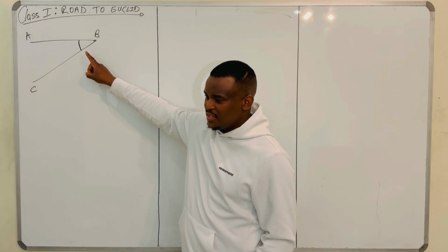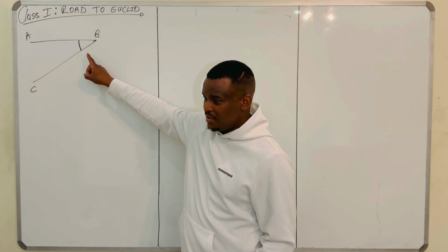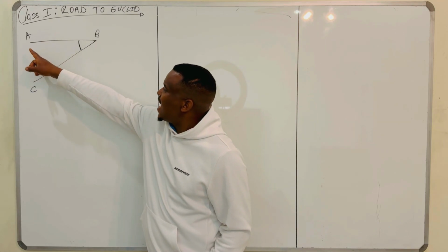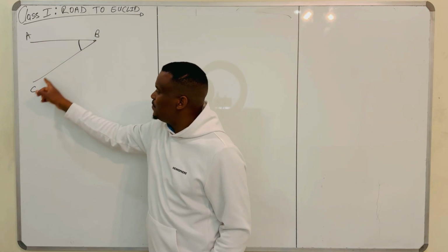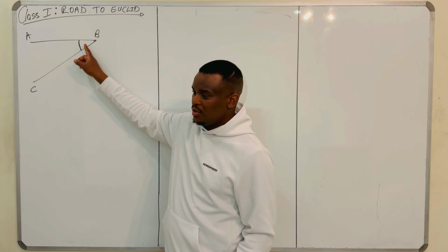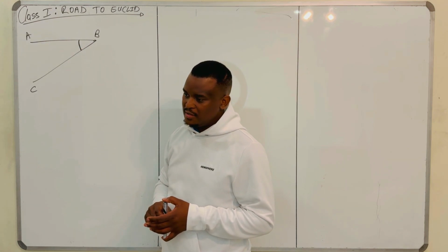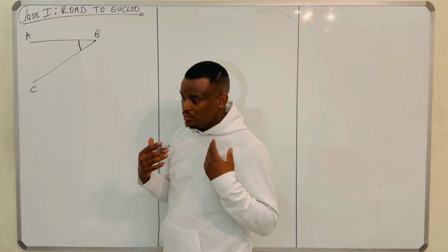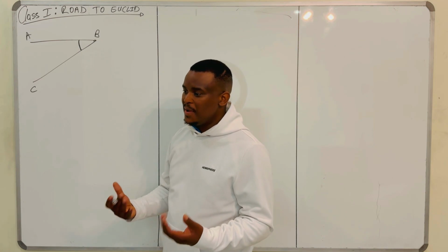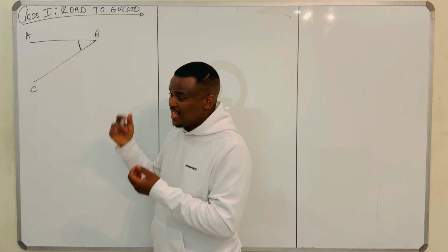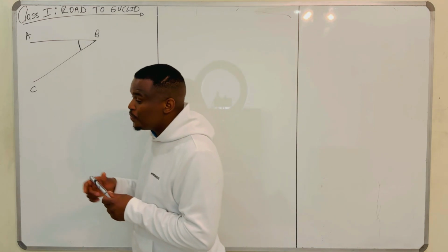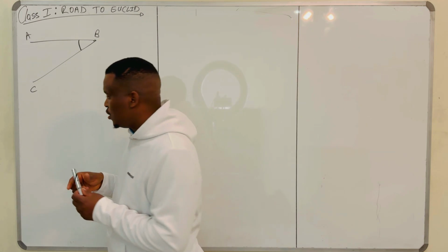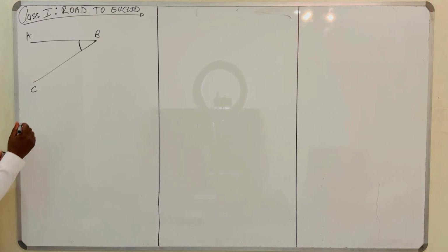This is angle B, because these two lines AB and CB intersect at B. If you want to label angle B, it should be the letter with a caret. Are you guys following?